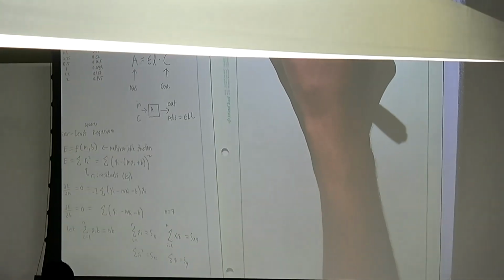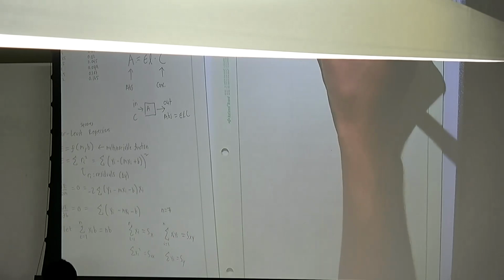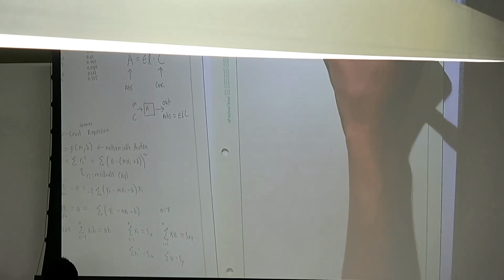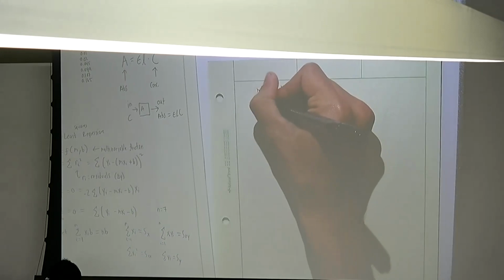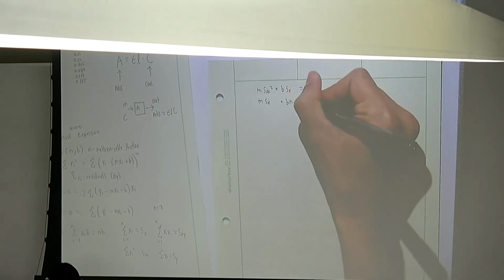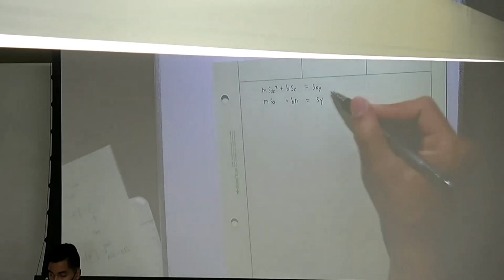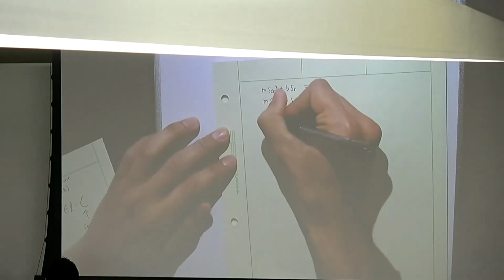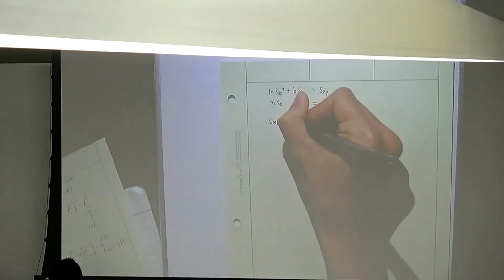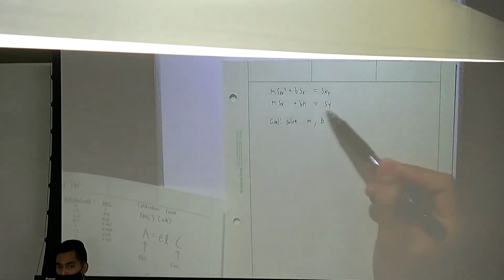It's going to look something like Sxx and... okay, so here's our system of equations. So our goal is to find, what's our goal again? We solve for the slope and the intercept, right? So how do we solve the system?